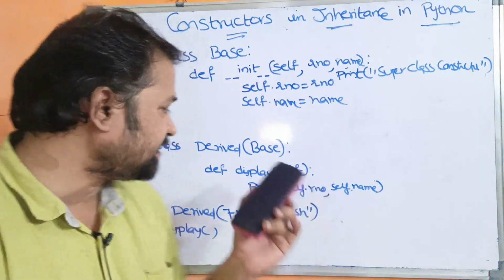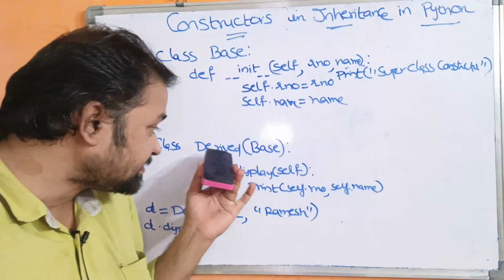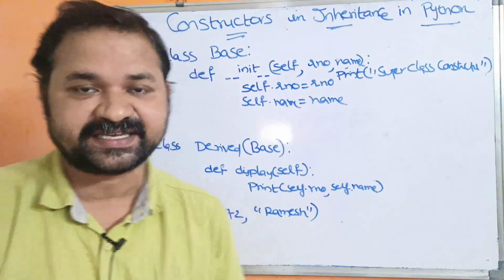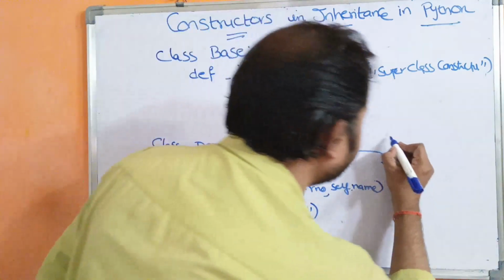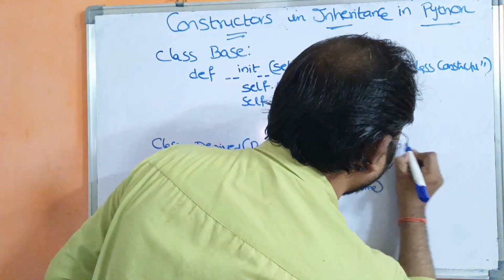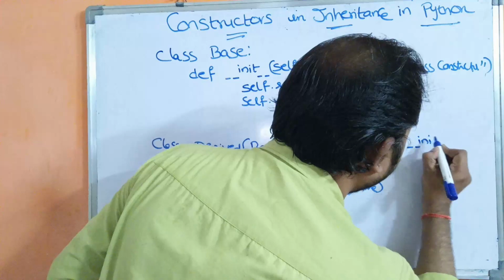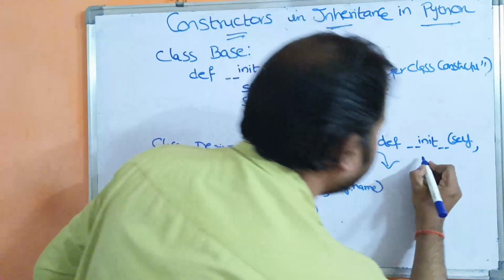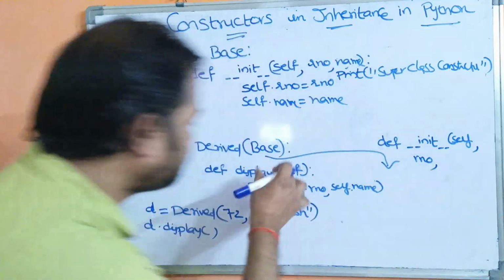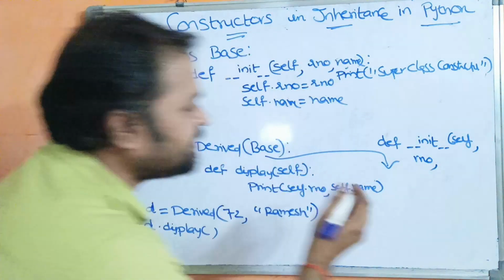Now let us assume that the subclass, that is the derived class, also contains a constructor. So def underscore underscore init of self comma, and let it contain its parent class members. What are its parent class members?